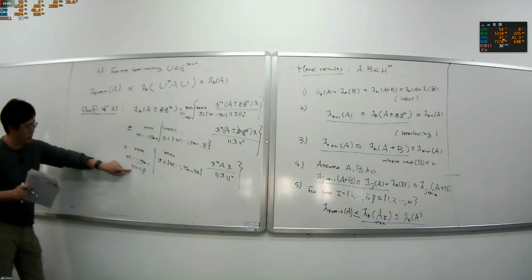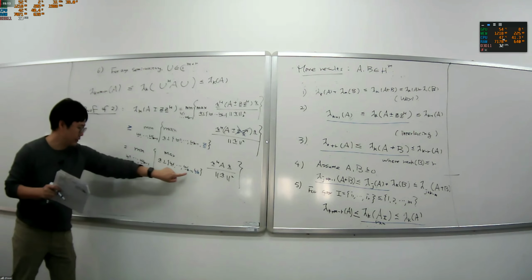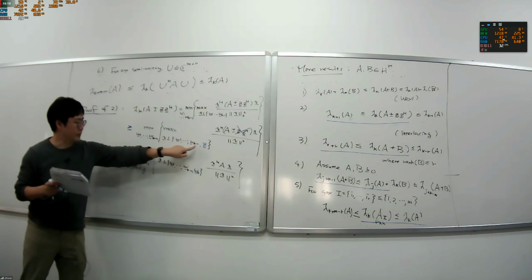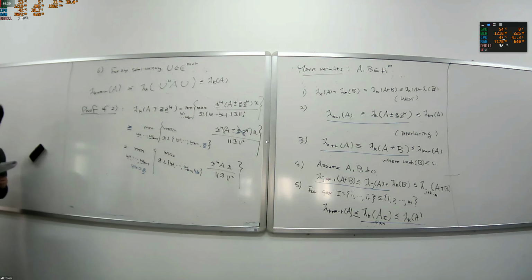Now I introduce one more variable W_k, and X is orthogonal to W_k. This is equivalent.